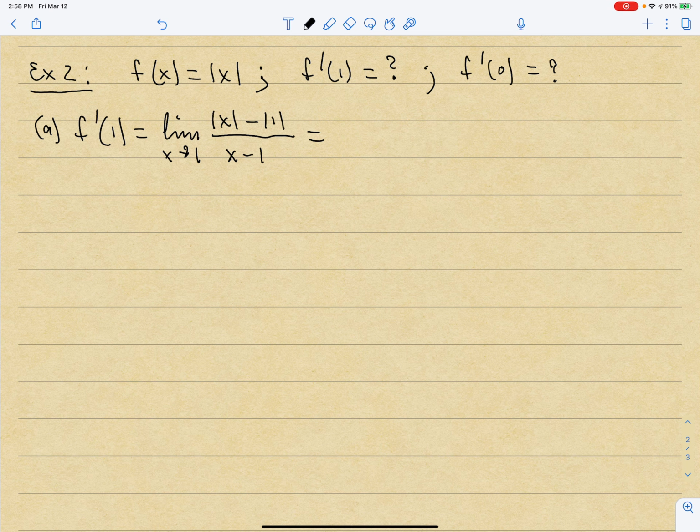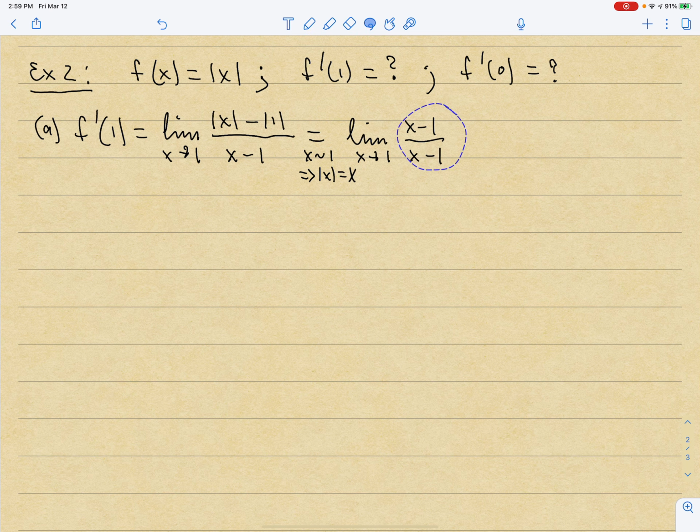Well, when I take a limit as x approaches 1, x near 1 must be positive, right? So x is, roughly speaking, equal to 1 in this case. So absolute value of x is the same as x. And so then we're taking a limit as x goes to 1 of x minus 1 over x minus 1.